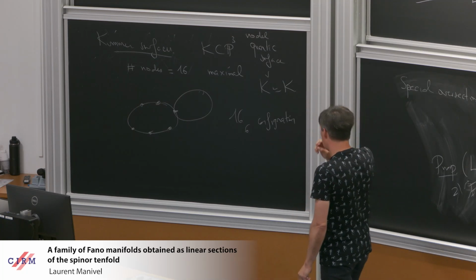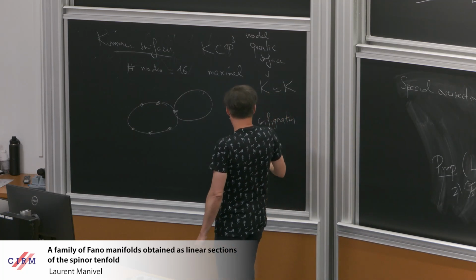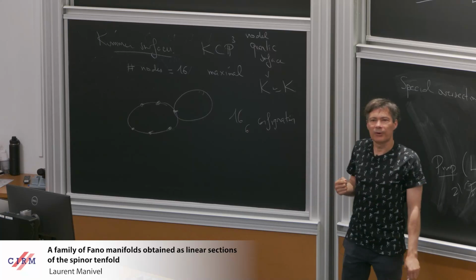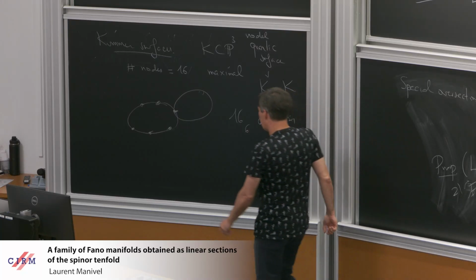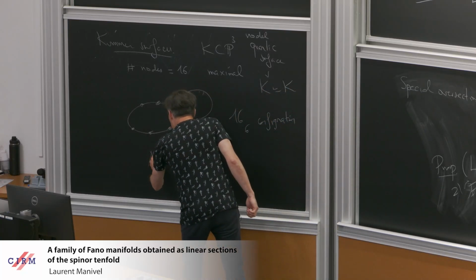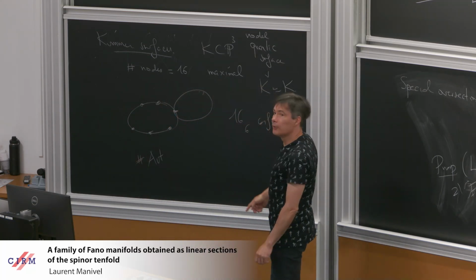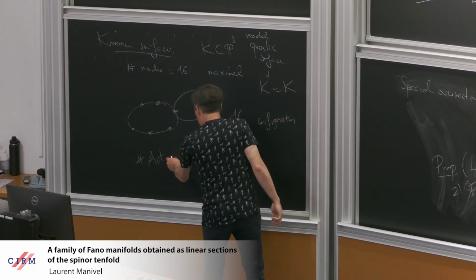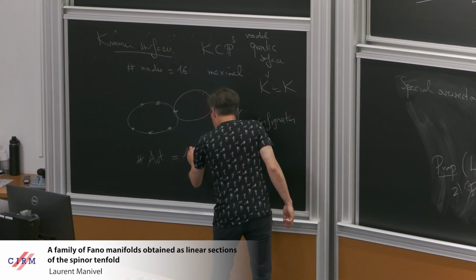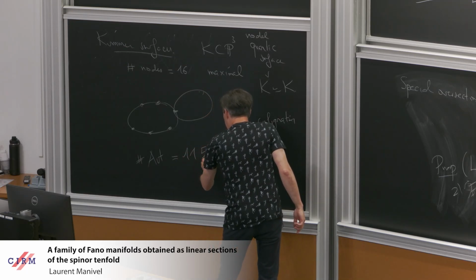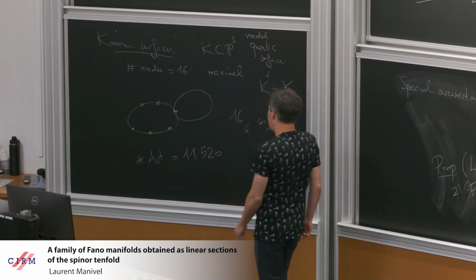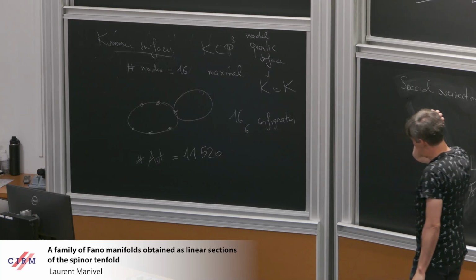And well, this is a nice combinatorial object. So the automorphism group of this configuration is a rather big group, the order is 11,520.